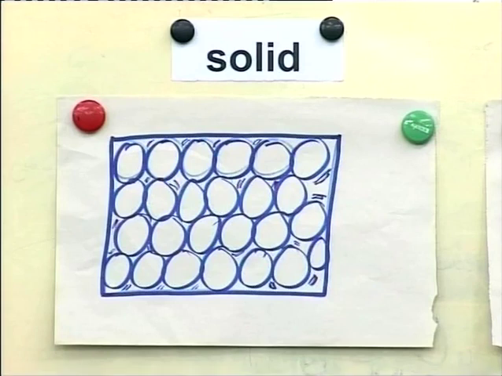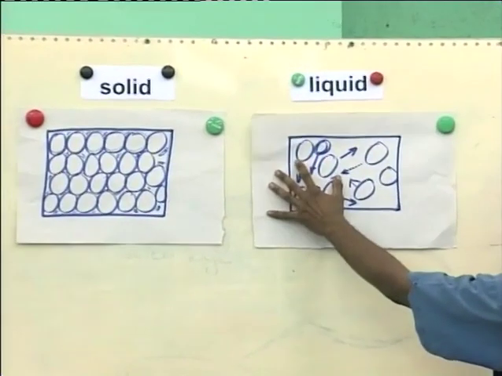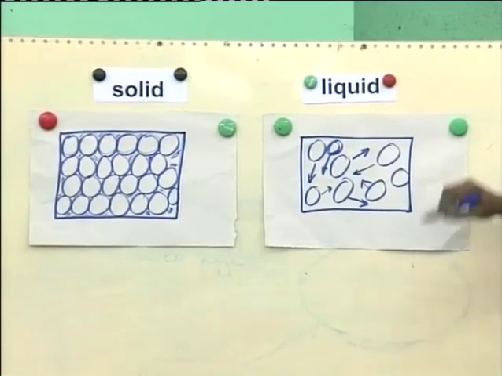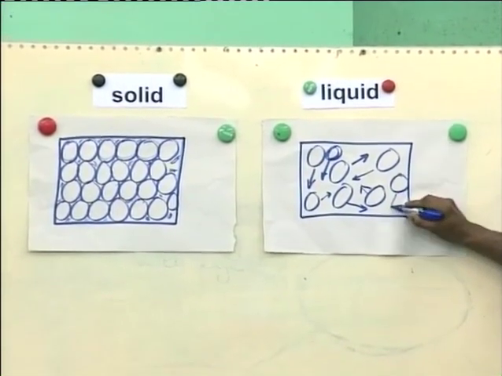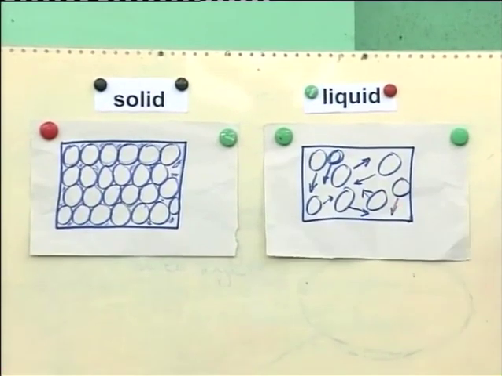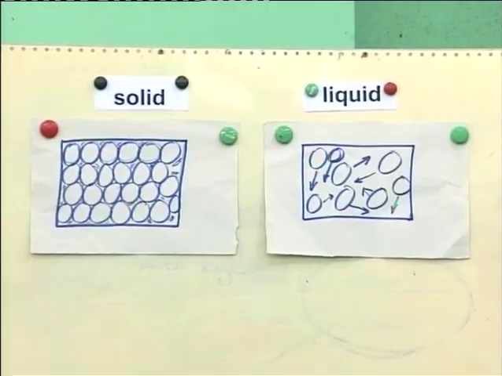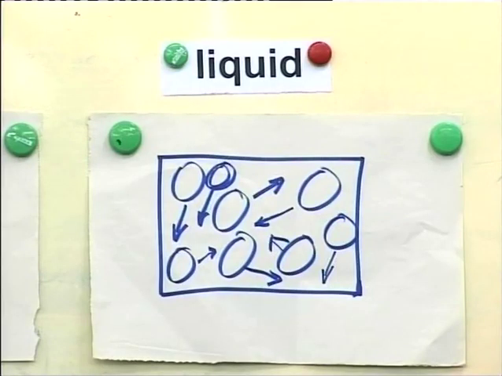The liquid particles, you should have drawn something like that. These arrows indicate the direction where the particles of liquid move.